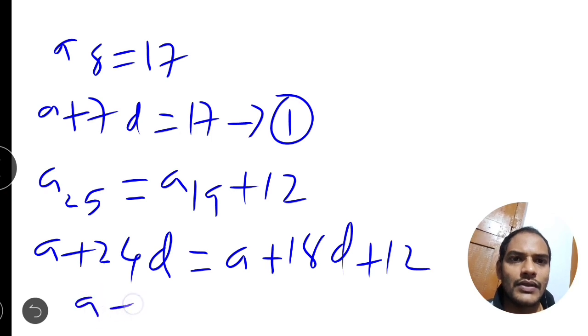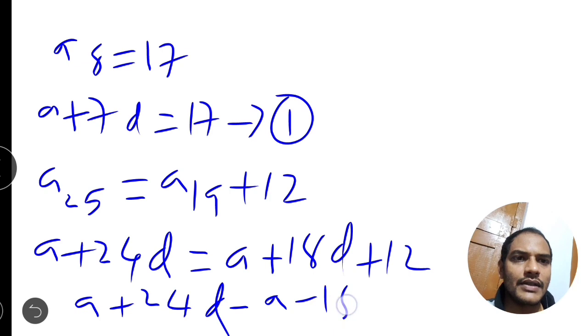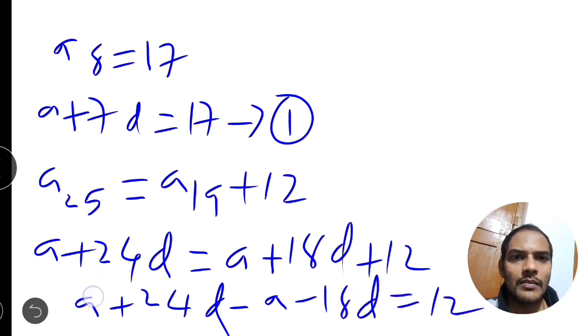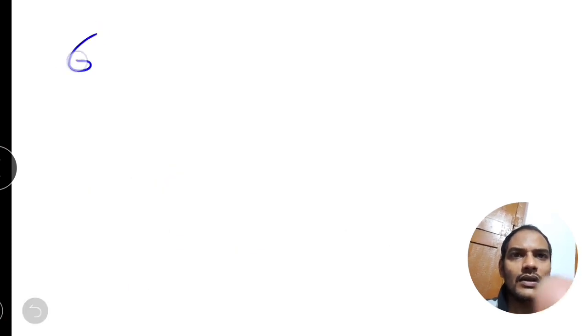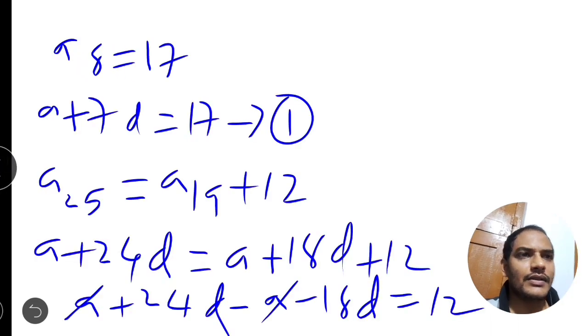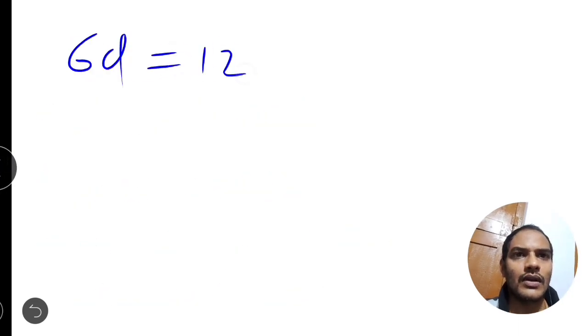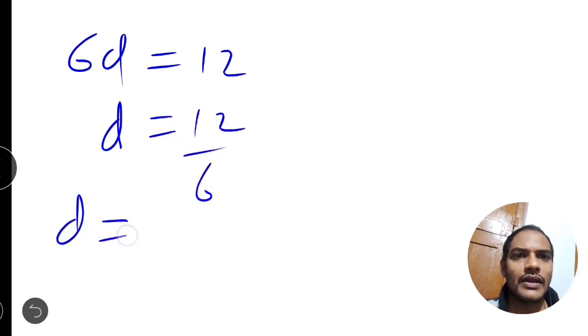So A plus 24D minus A minus 18D equals 12. Here plus A minus A cancel. 24D minus 18D is 6D, equal to 12. So D equals 12 divided by 6, which is 2.